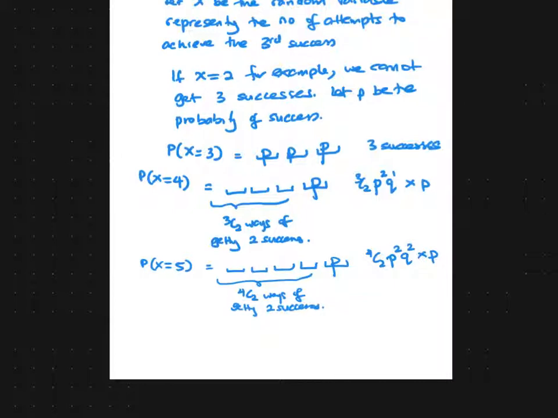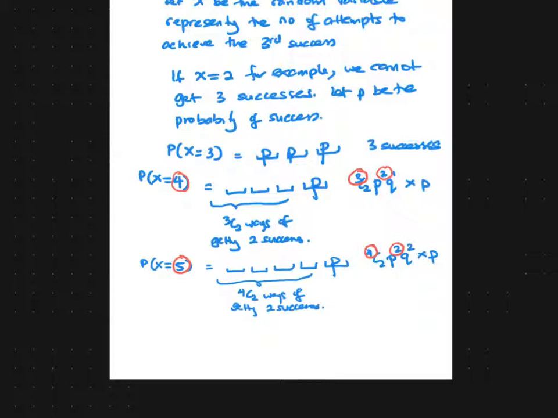And so we can observe some patterns here. For example, when x equals 4, we have the n in nCr to be 3, which is 1 less than 4. For x equals 5, we have n equals 4, which is 1 less than 5. We also note that the power of p is 2, regardless of the value of x.